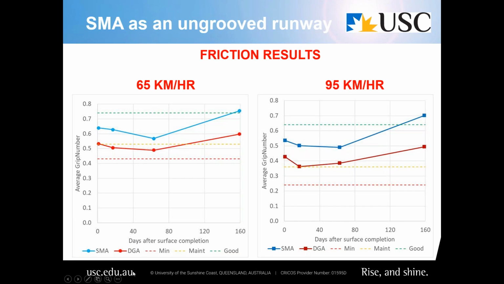So I'm quite confident in concluding that through its entire life cycle, the stone mastic will have equal or better friction than grooved dense graded asphalt is expected to have, which is great. That's exactly what we want. Texture above 1 millimeter and friction better or similar, at least, to grooved dense graded friction. So perfect outcome.